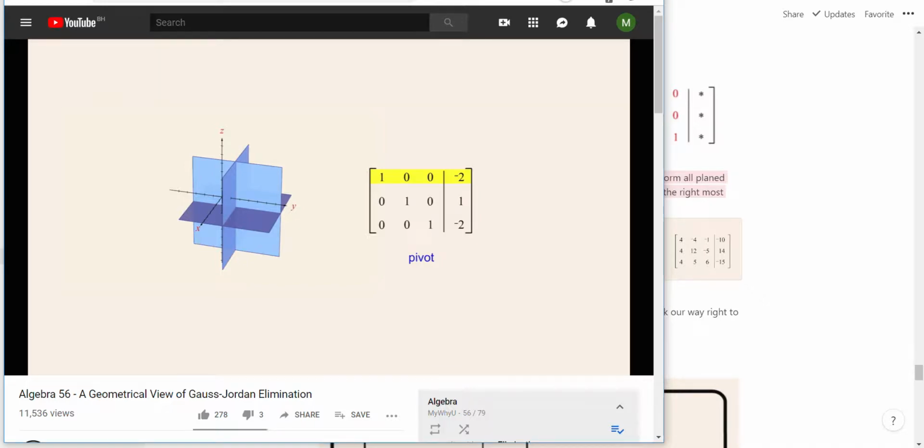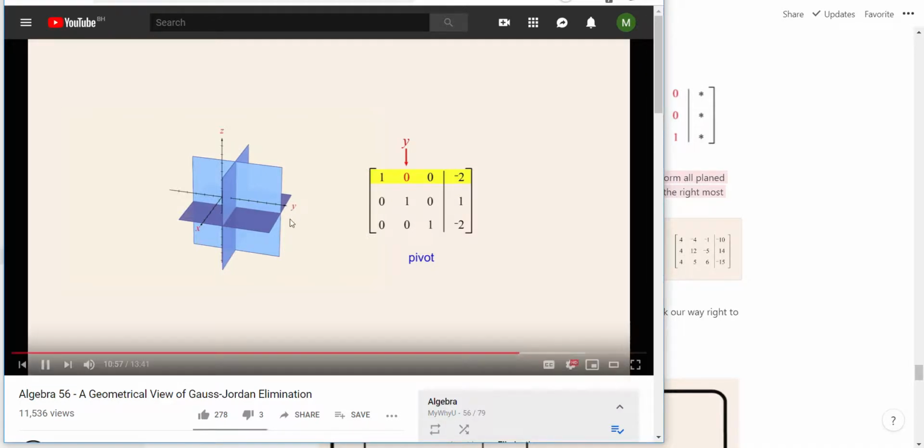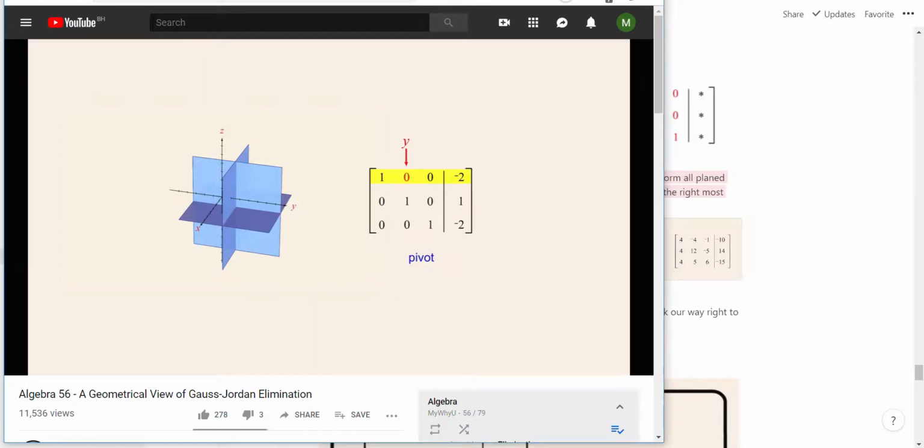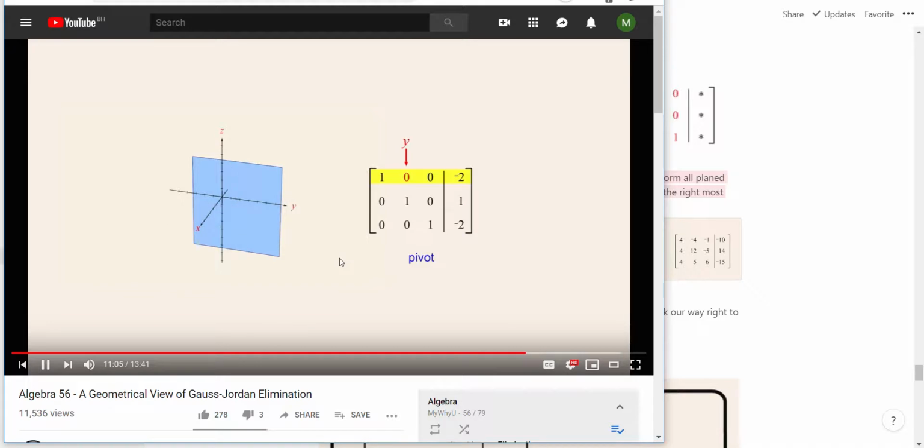And since the y coefficient in row 1 has changed to 0, plane 1 has become parallel to the y-axis. And since plane 1 is now parallel to both the y and z axes, it is perpendicular to the x-axis.